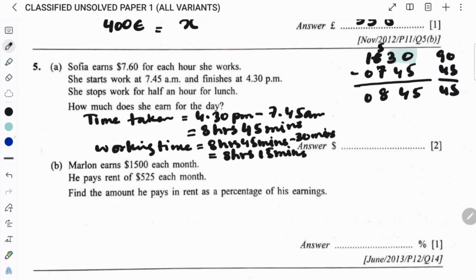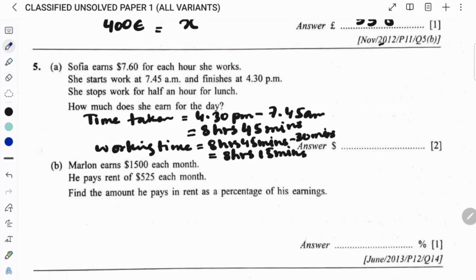Okay, so 8 hours and 15 minutes means 8.25. How do you get it?